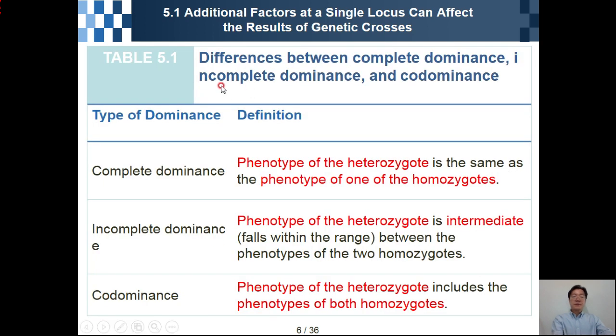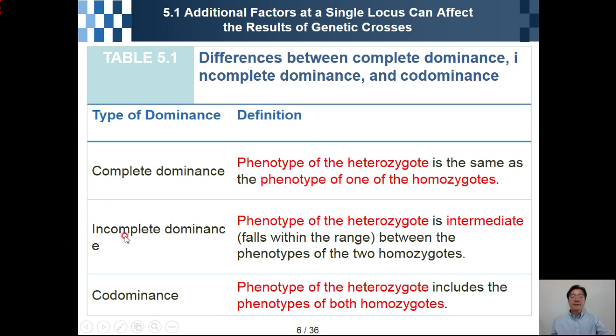So this is Table 5.1 to summarize the differences between complete dominance, incomplete dominance and codominance. What is complete dominance? Complete dominance means that the phenotype of the heterozygote is the same as the phenotype of one of the homozygotes.